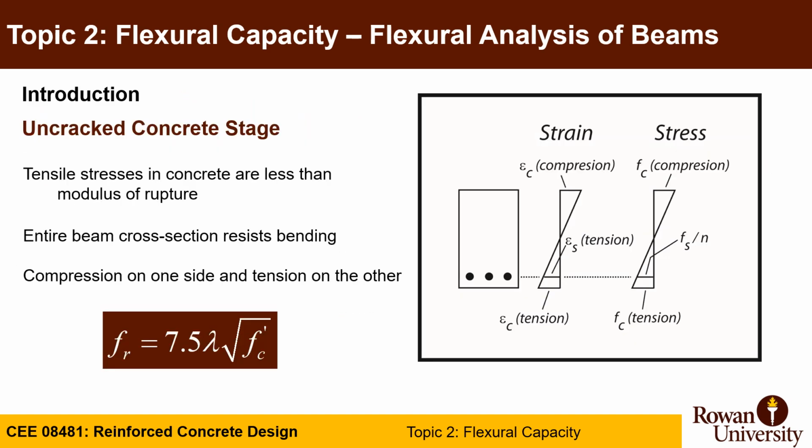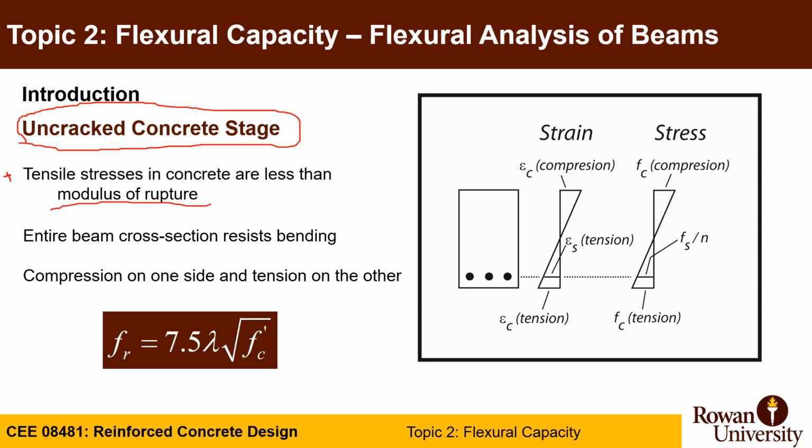So to start with, we will cover what's called the uncracked concrete stage. In this stage, there are key assumptions. The first assumption is that tensile stresses in concrete are less than the modulus of rupture.